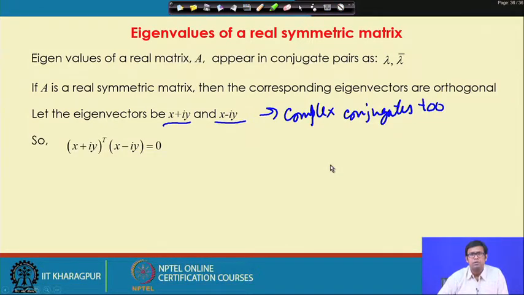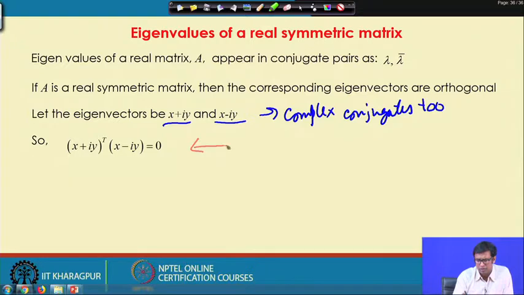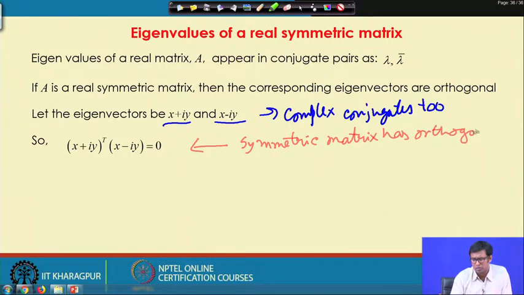We assumed A to be a real symmetric matrix. A symmetric matrix has orthogonal eigenvectors for distinct eigenvalues.